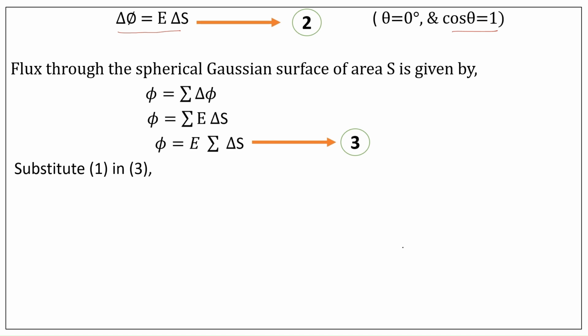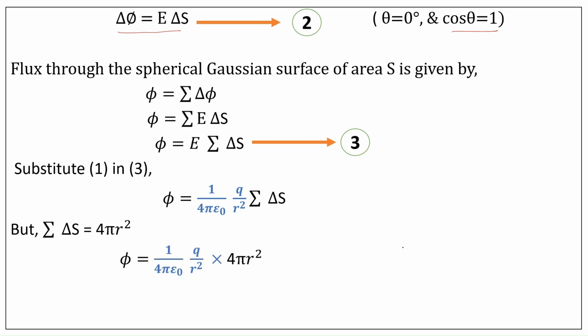Now, substitute equation 1 in 3. We get phi is equal to 1 by 4 pi epsilon naught into Q by R square into summation of delta S. But summation of delta S is equal to 4 pi R square.